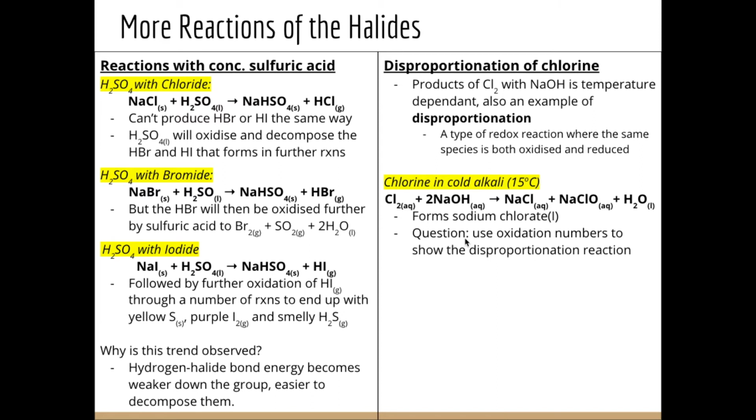Now, what I want you to do is write this reaction out, and then work out oxidation numbers for all of the elements present and use these oxidation numbers to show that the same species is being both oxidized and reduced. See if you can do that one, and then we will check the answer now.